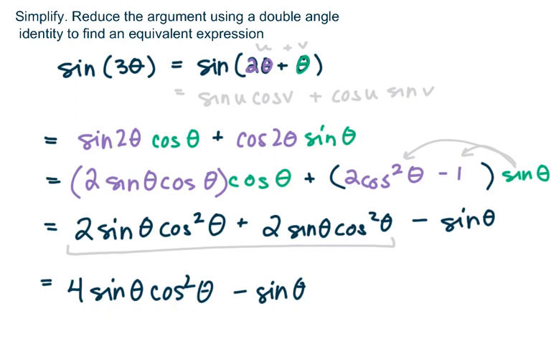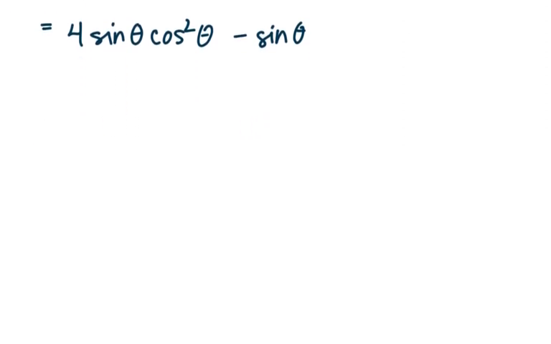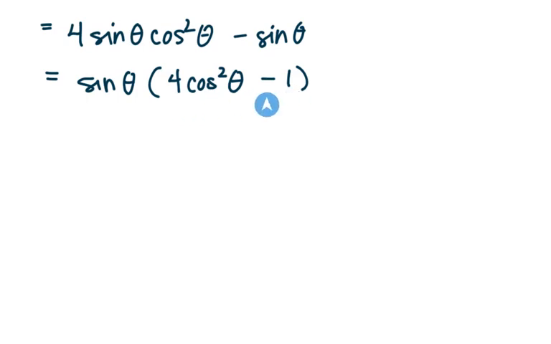So one thing I notice is I have two terms with a sine theta. I'm going to factor that GCF out. And that gives me sine theta times 4 cosine squared theta minus 1. Now looking at my second factor here, I should recognize that's a difference of squares, like 4u squared minus 1.